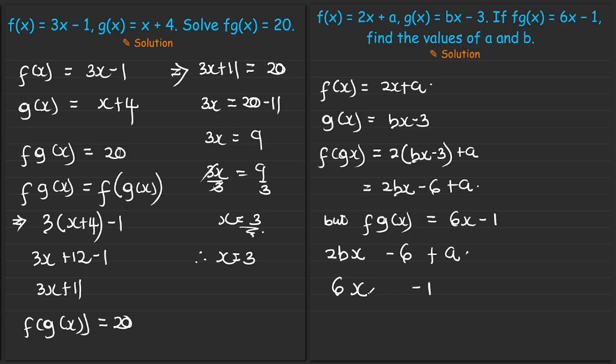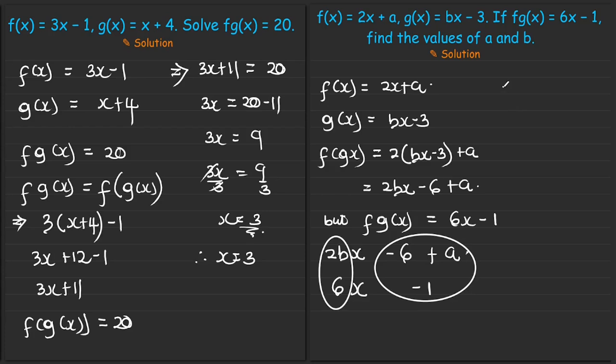If we are to compare, look at that which has the x and then that which does not have. That is to say that 2b and 6 are in one column, and then we also have all of this as well in one column. So with that, we can then form an equation and say 2b is equal to 6.